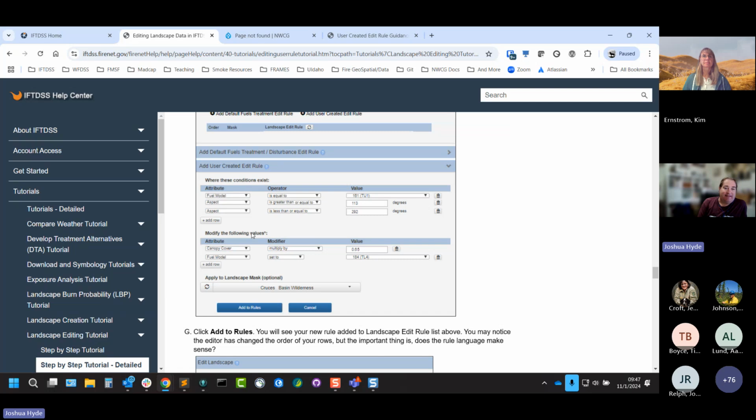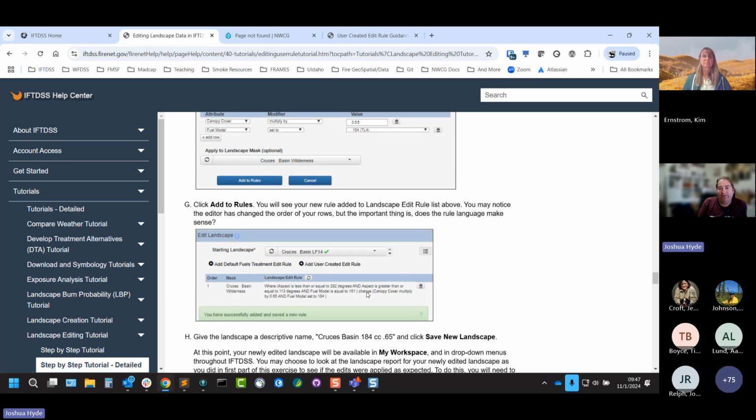And last night I noticed that the way these are presented, putting that range of aspect here all in one rule isn't going to quite work, so we've got to update that. This would actually be 2 rules down here instead of 1.